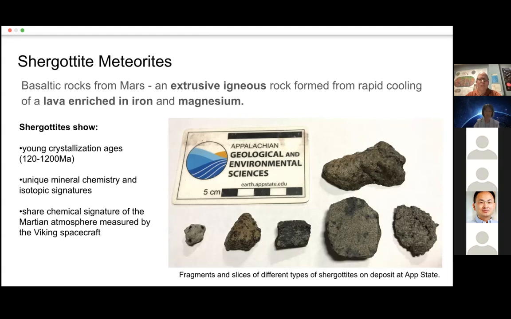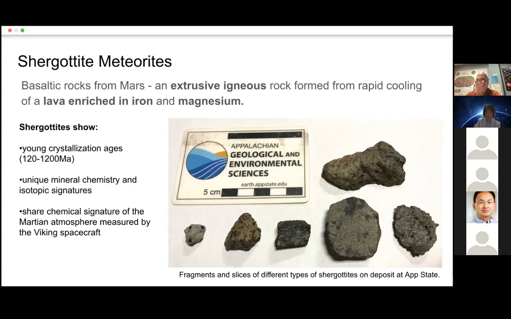And now, in comparison, most of the meteorite samples that we can age date crystallized at a much younger time, sometime between 120 million years and 1.2 billion years. And I know those ages sound old, but again, in comparison to the vast majority of meteorite samples, these are relatively young rocks.